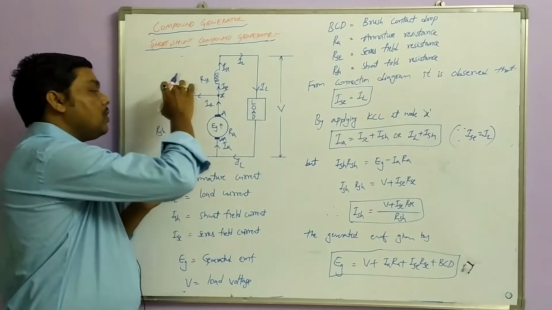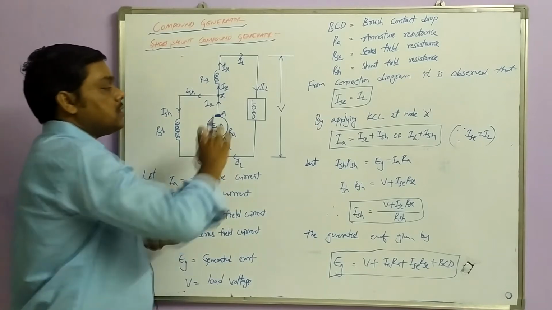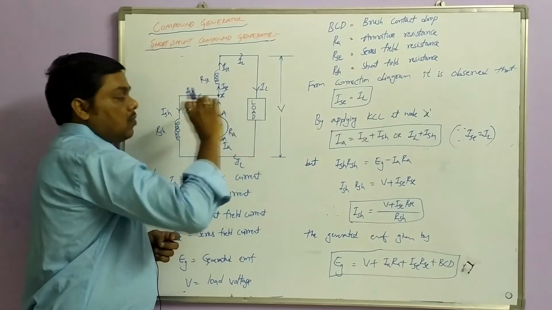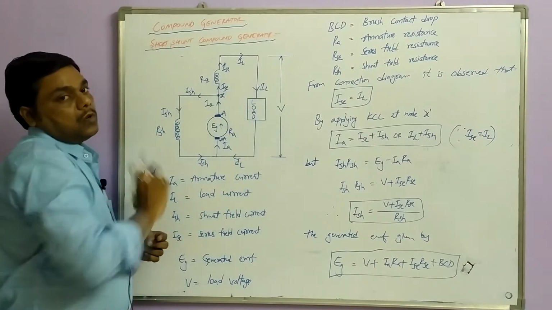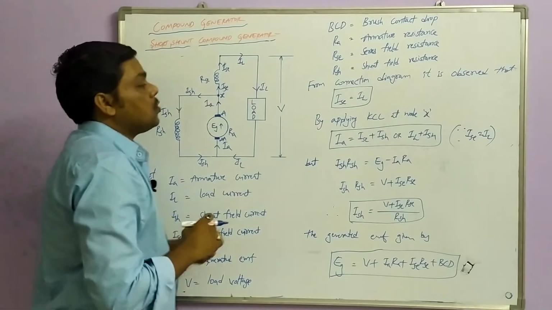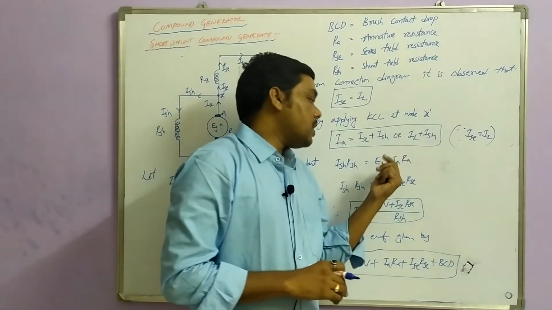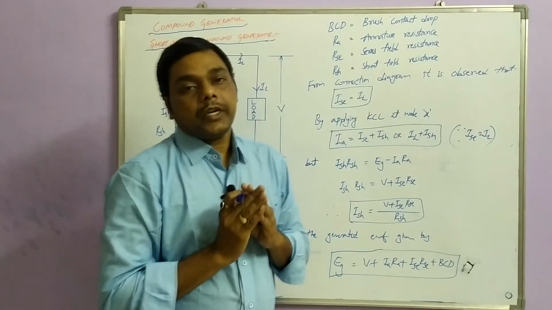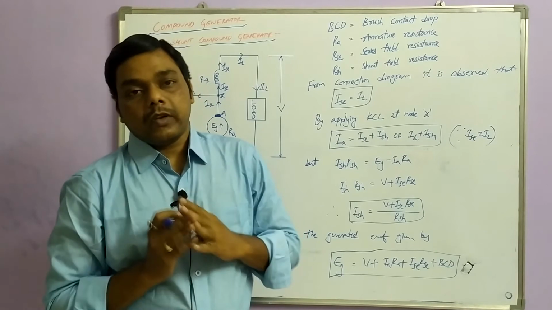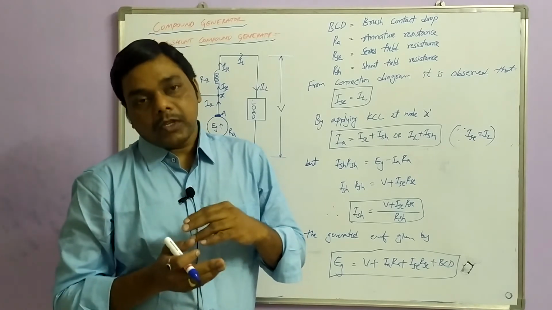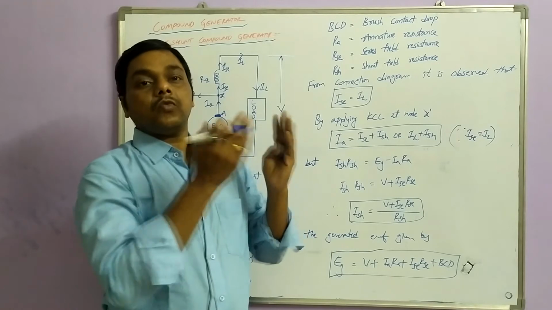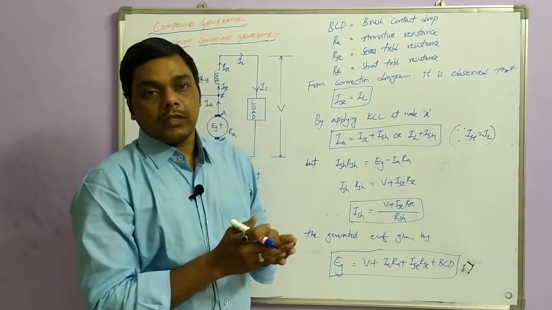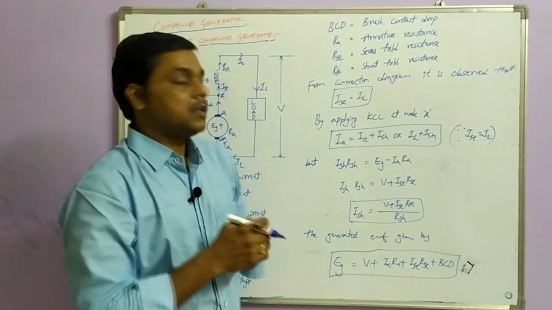It is connected only across the armature, so it is necessary to find out the voltage across this armature in terms of known parameters. So to calculate the shunt current, it is necessary to find out the voltage across the shunt, which is the voltage across the armature, in terms of the load voltage and load current. The series current and load current are both the same.